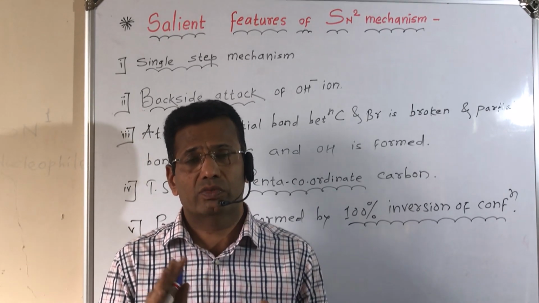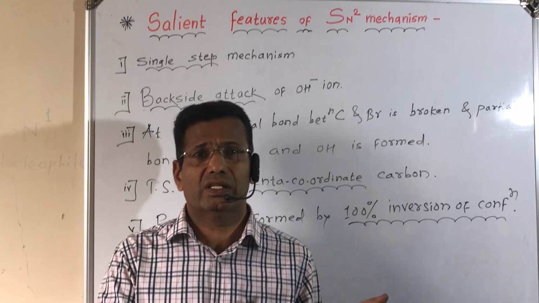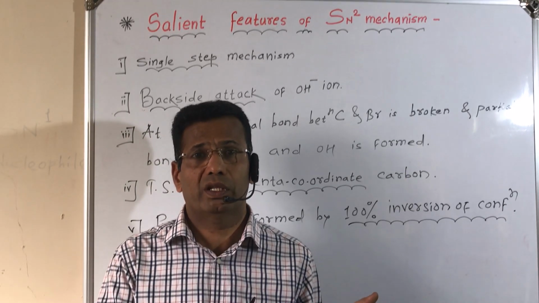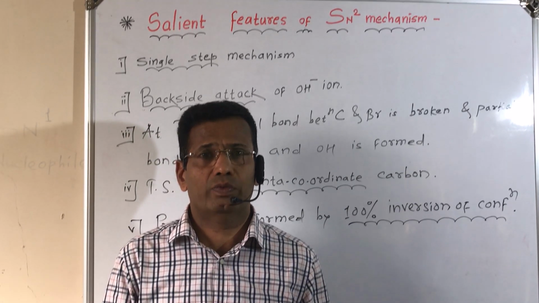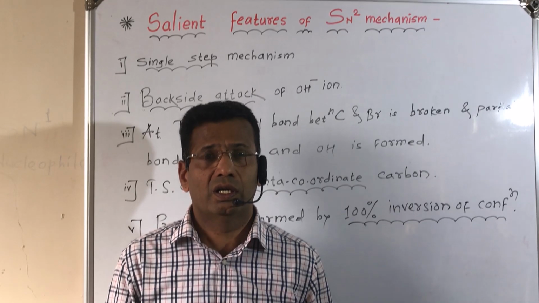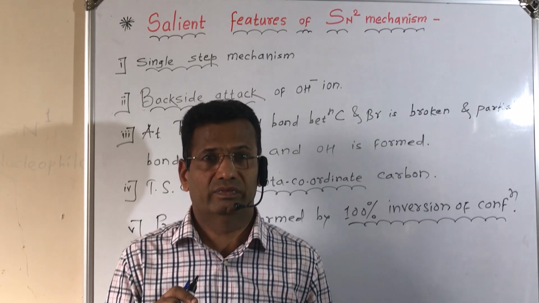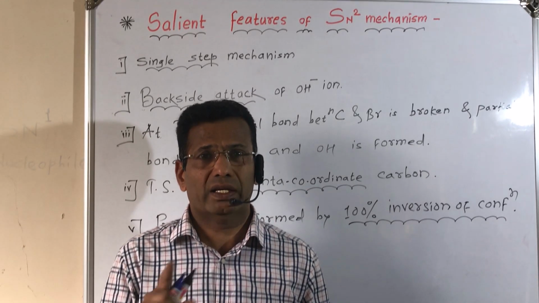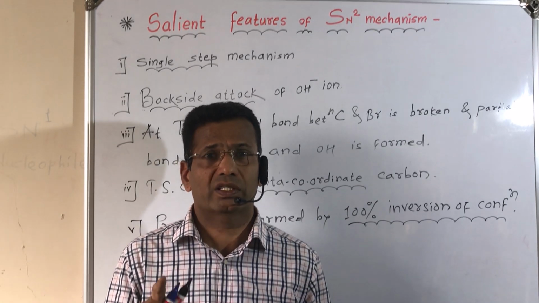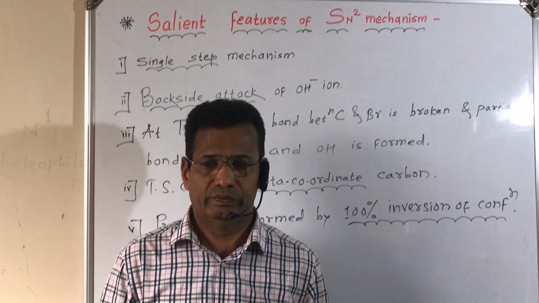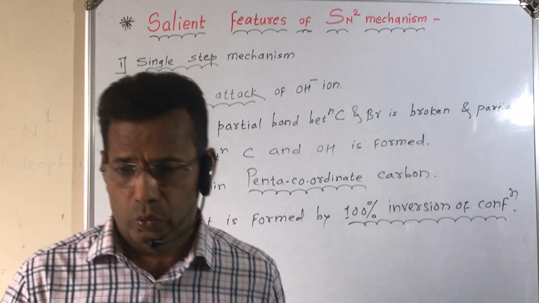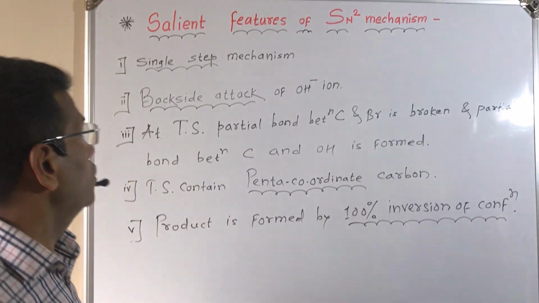The 3 hydrogen atoms are shifted from the left to the right side of the carbon atom in the product methyl alcohol. So the correct option for the MHT CET question is C, that is, backside attack of the OH minus ion on the carbon atom. So here we have completed the SN2 reaction.